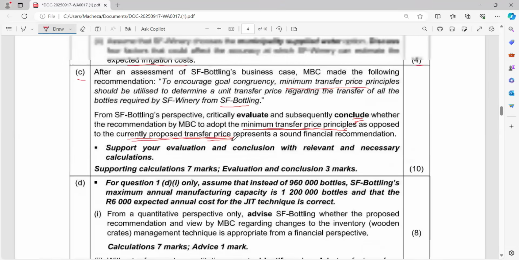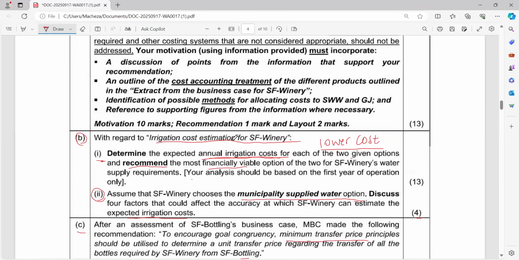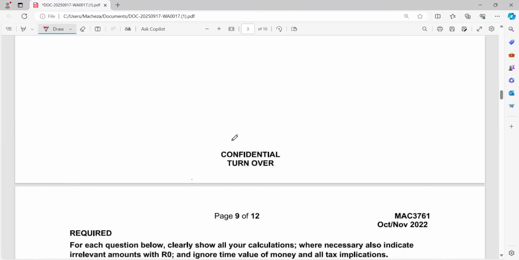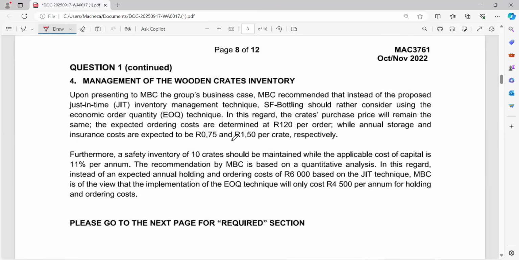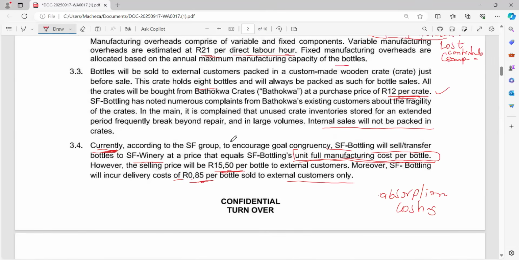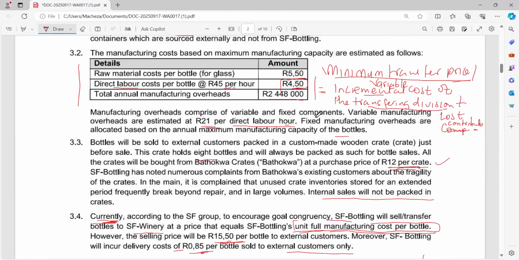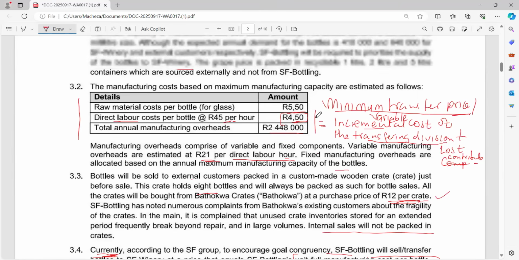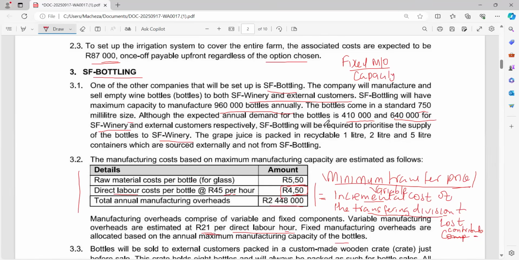Let's just go to our question. It's something that I want to show you there. When you are answering here now, these ones we have already taken. What you now need to do is, for the lost contribution, look at the capacity. This is 960,000 bottles annually. Then if you give to the external market, how many are you going to be left with?